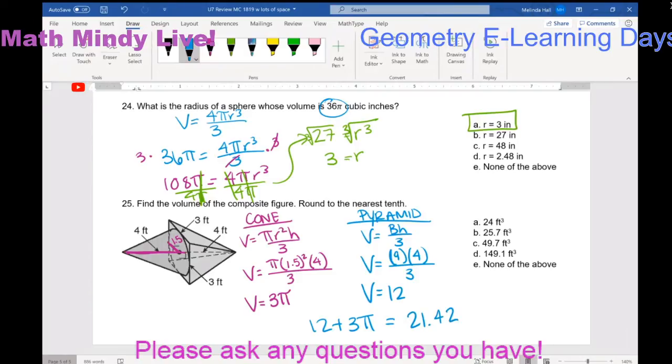Because we are rounding to the nearest tenth, that would be 21.4 feet. And so we do not have that, unfortunately. And so for us, that means that it is none of the above.